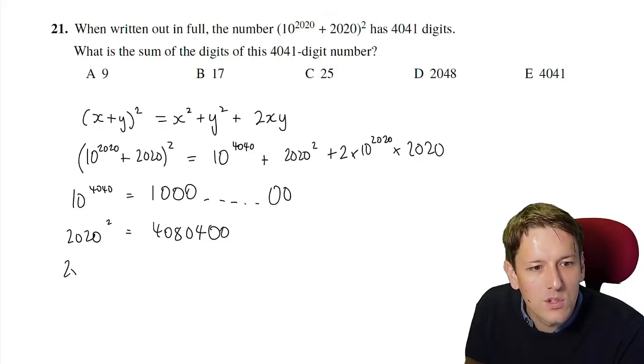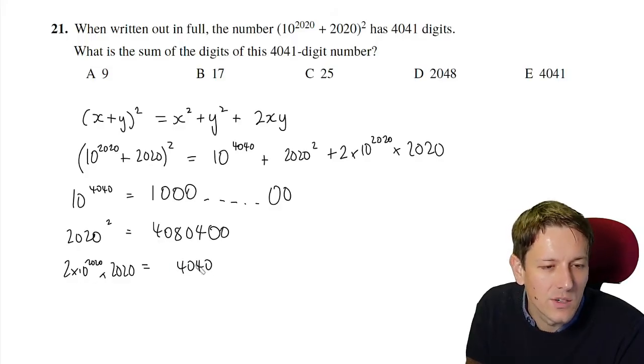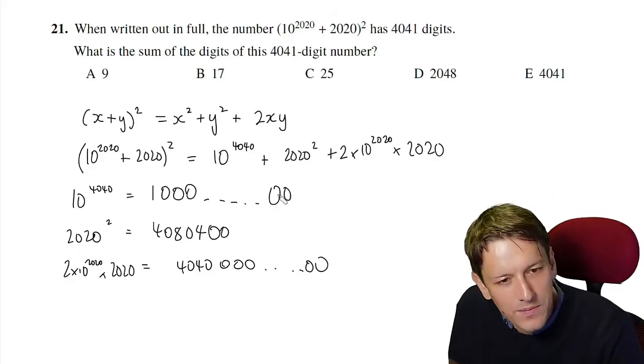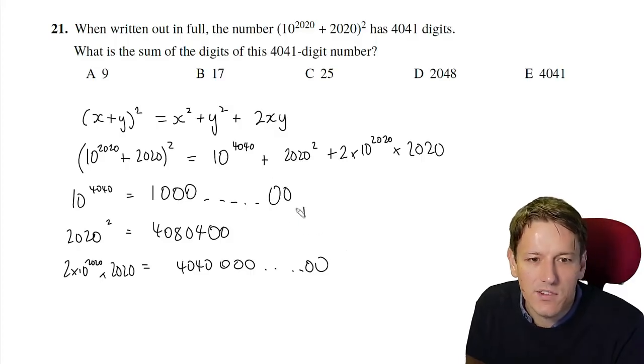And then 2 times 10 to the 2020 times 2020 would be 4040, and then loads of zeros on the end, like 2020 zeros, right? So now the final answer we've got here is just these three numbers added together.